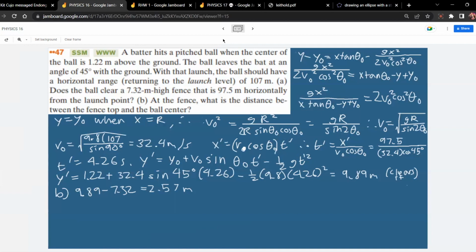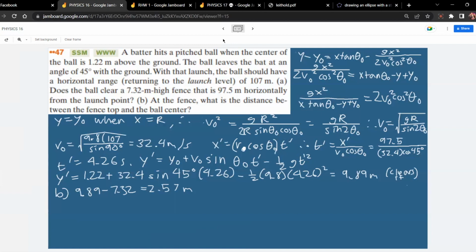Tapos theta is equal to 45 degrees. So tangent theta is equal to 1. Cosine of theta is equal to square root of 2 over 2, or 1 over square root of 2.